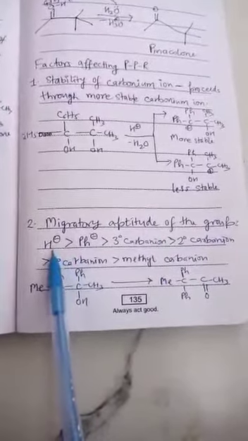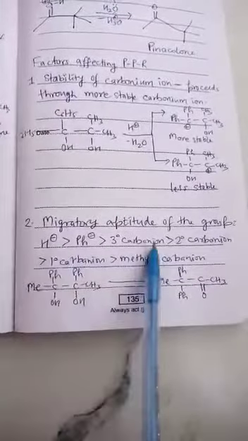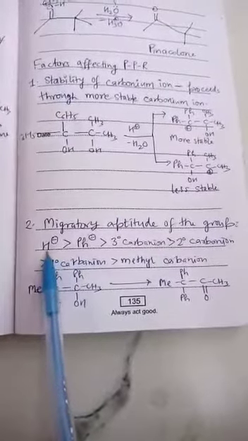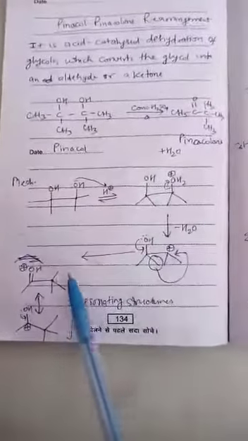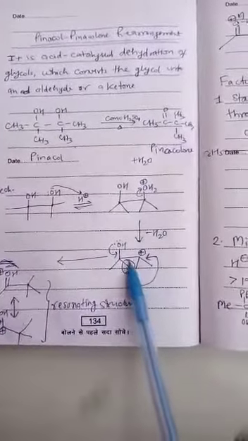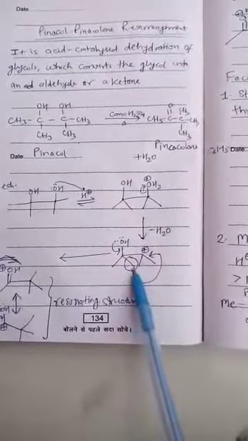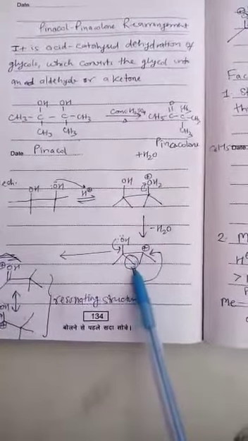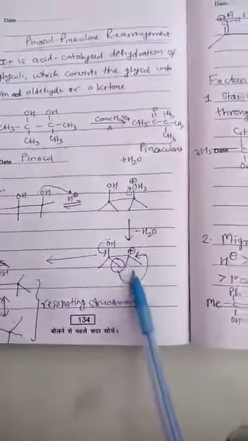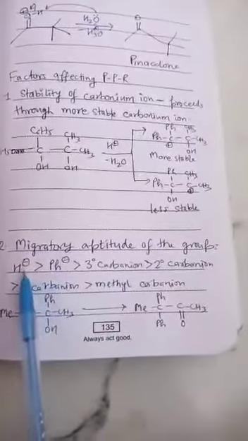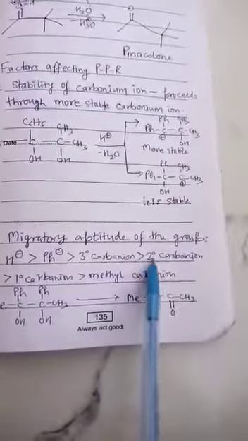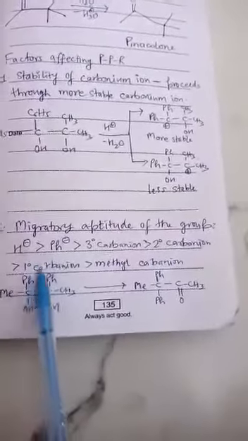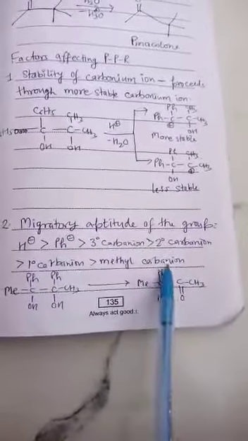You see migratory aptitude of different groups here. In this mechanism, the functional group, CH3, moves along with the bonding pair of electrons, so it is always like a carbanion. So H minus is greater than Ph minus, is greater than 3 degree carbanion, is greater than 2 degree carbanion, is greater than 1 degree carbanion, is greater than methyl carbanion.